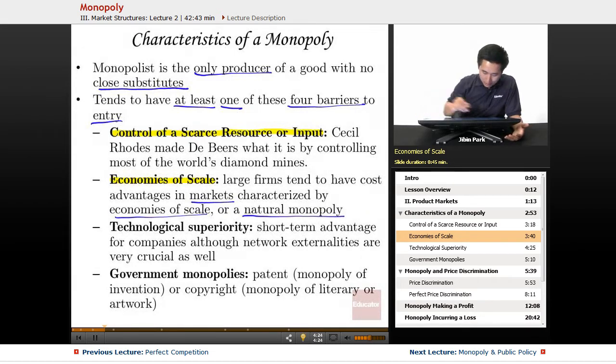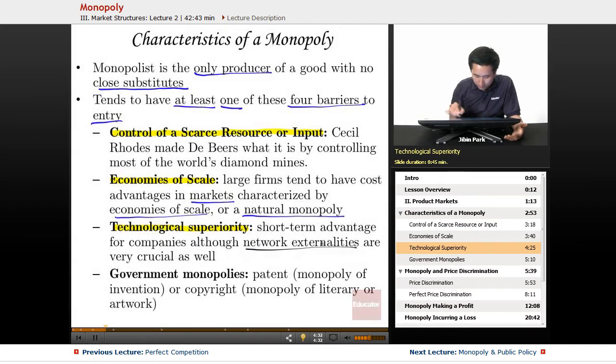Another very simple thing is technological superiority. So short-term advantage for companies, although network externalities are very crucial as well. So for example, Microsoft Word might not have been the best particular product out there on the market.